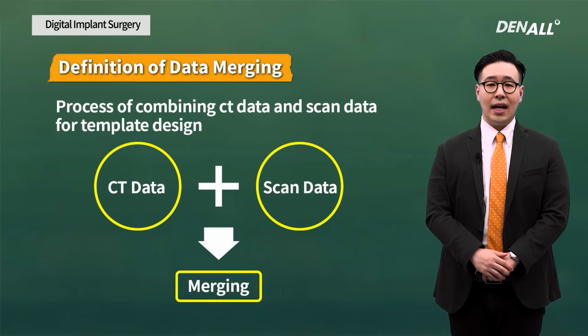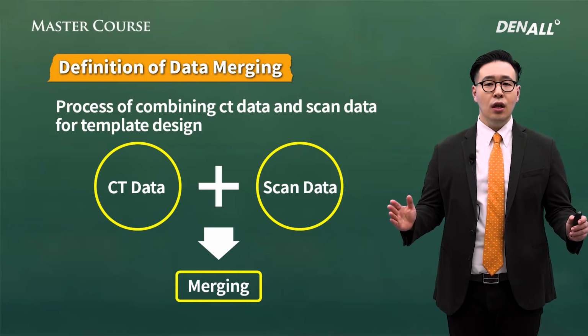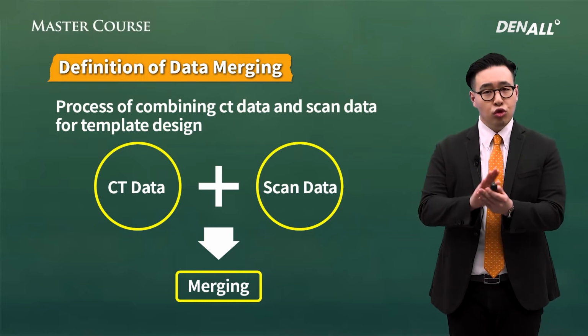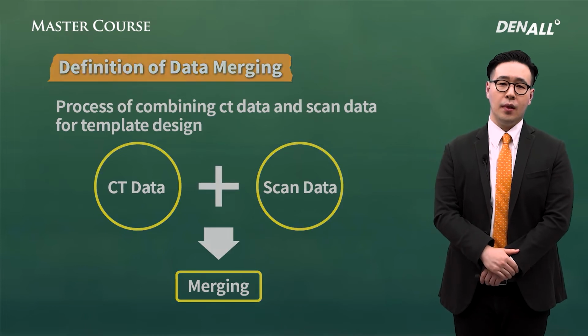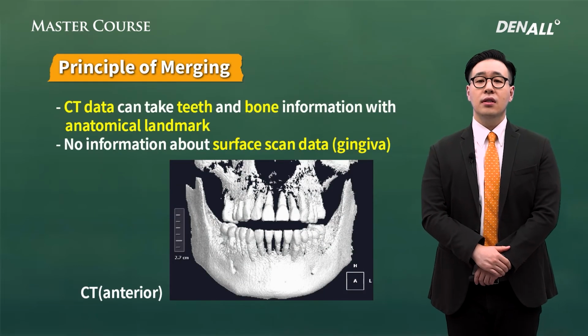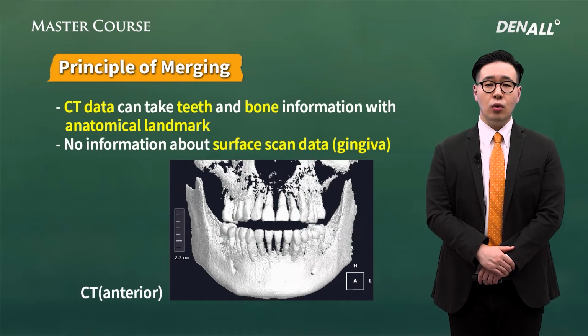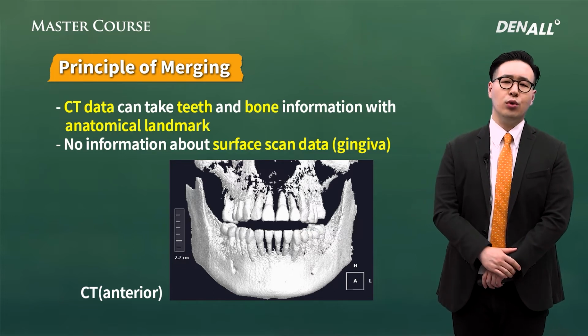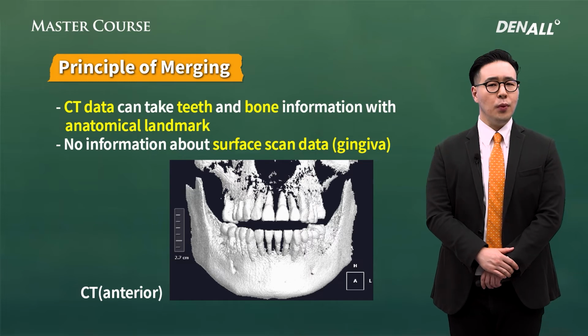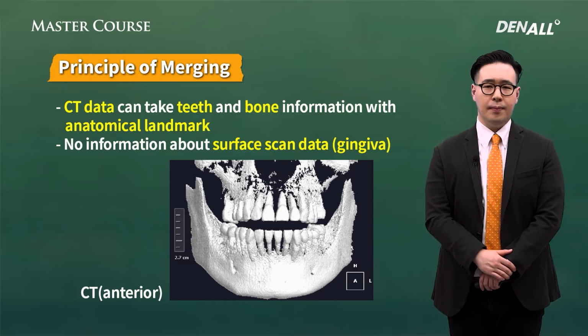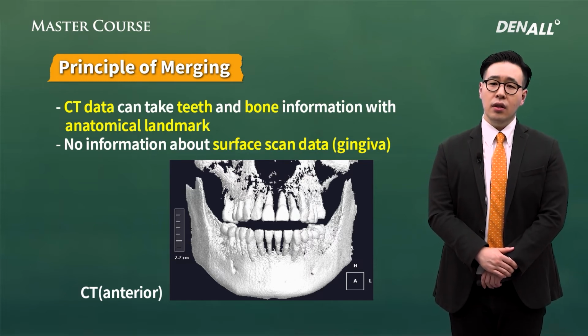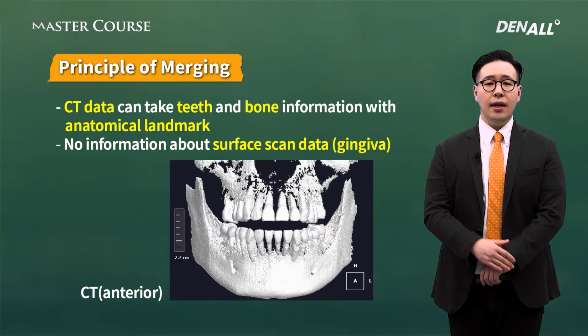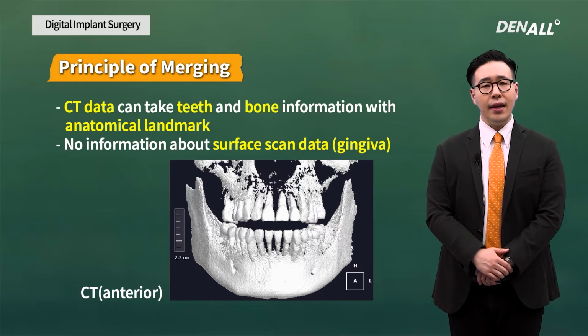Currently, guided surgery uses the merged data of CBCT and the surface scan data, after they are acquired without distortions. CBCT has information on teeth, bone surface and important anatomic structures, but not the soft tissue surface. CT data is the basis for accurate implant positioning after merging.